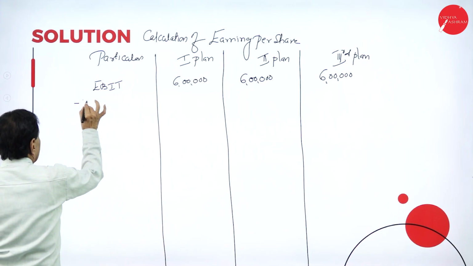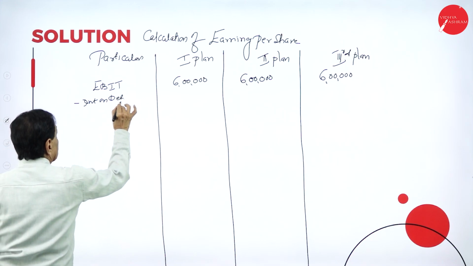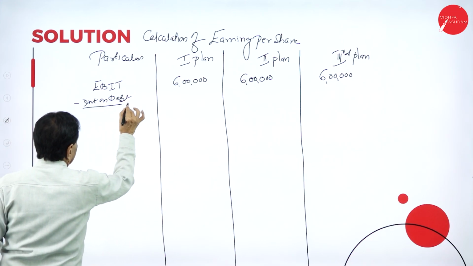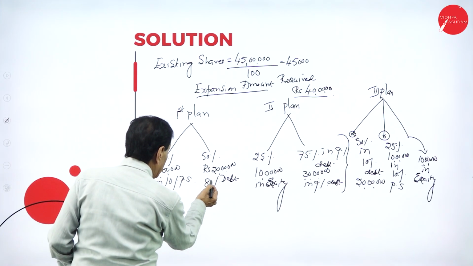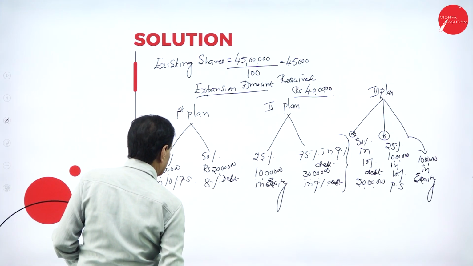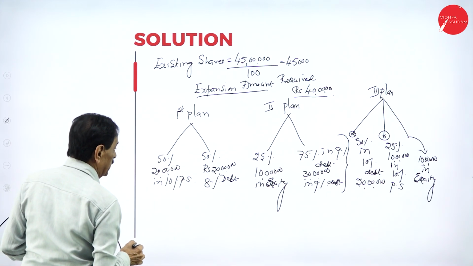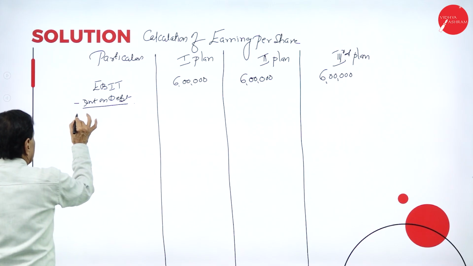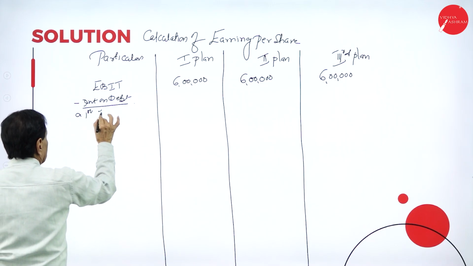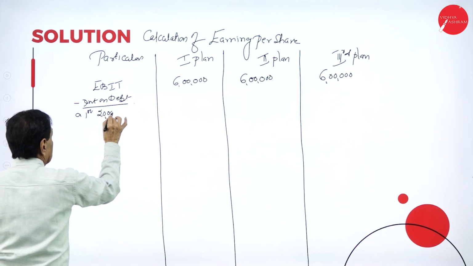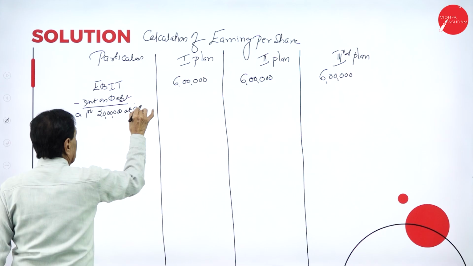Minus interest on debt. Now, come back. First case, 20%, 8% debt. First plan: 20 lakh at 8%.